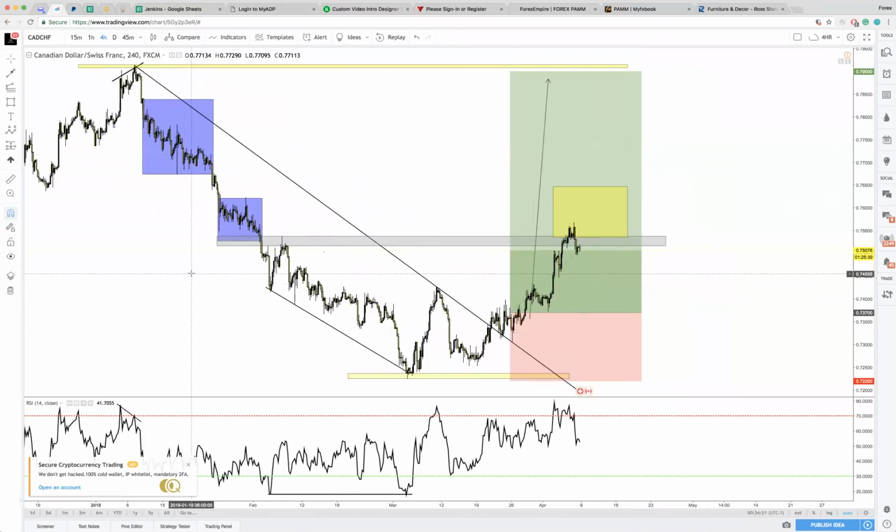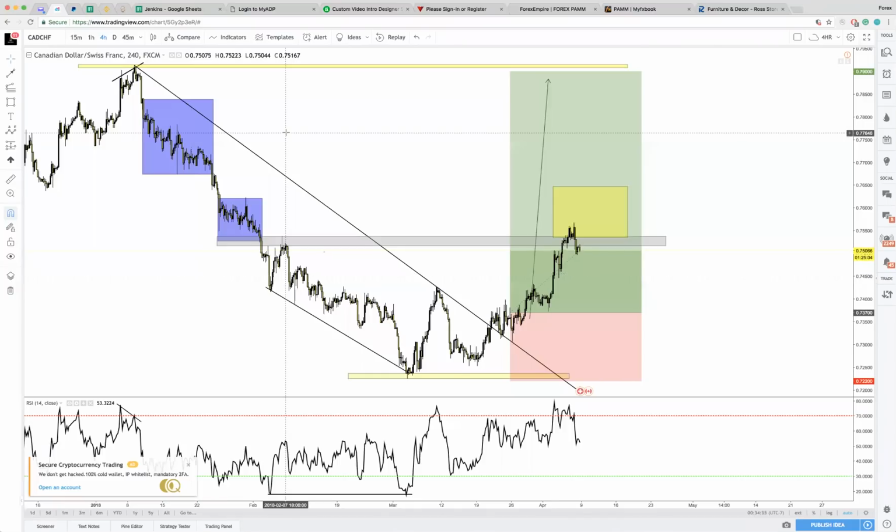There was another trade I kind of missed out. Let's see, which one is that? I think it was Euro.